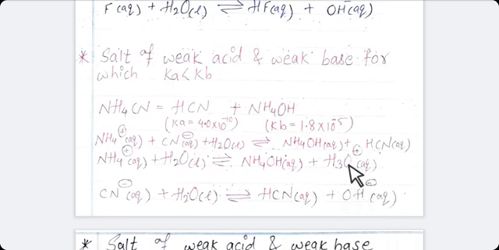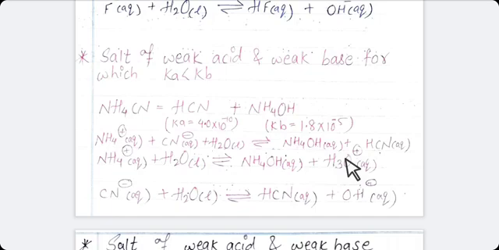Why are we getting more OH minus ion than hydronium ion in these two reactions? Because cyanide ion hydrolyzes to a greater extent, that's why we get more OH minus ion, and ammonium ion hydrolyzes to a lower extent, that's why we get less hydronium ion.